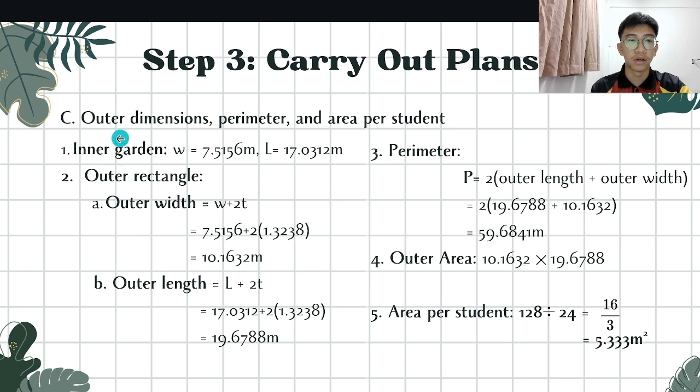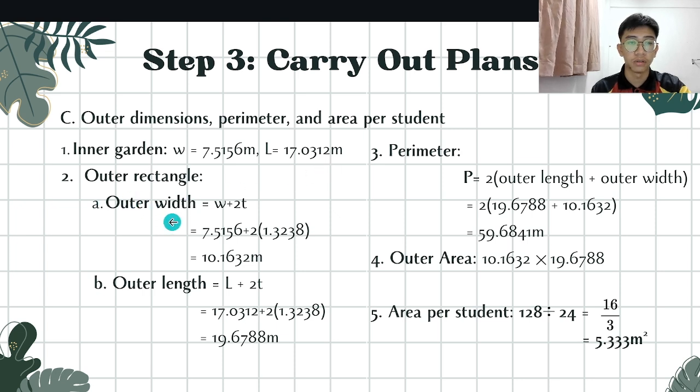So the path width is approximately T equals 1.32 meters. Then now we can find the outer dimensions, perimeter, and area per student. The inner garden, we know that the width is 7.5156 meters and the length is 17.0312 meters.